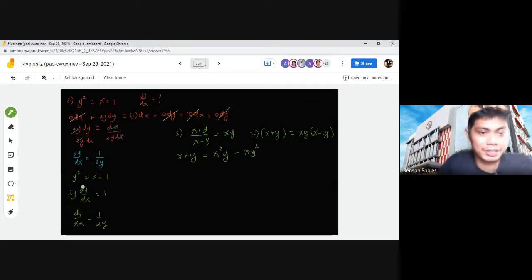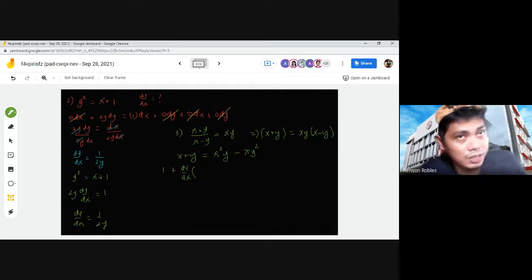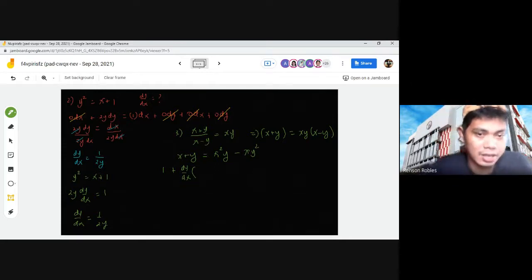If you want to employ this technique, you'll have the derivative of x plus y in terms of x, that's 1. Then plus, when you see dy dx, it means you are now differentiating with respect to the dependent variable, and in this case, it's y. Derivative of x in terms of y, 0.